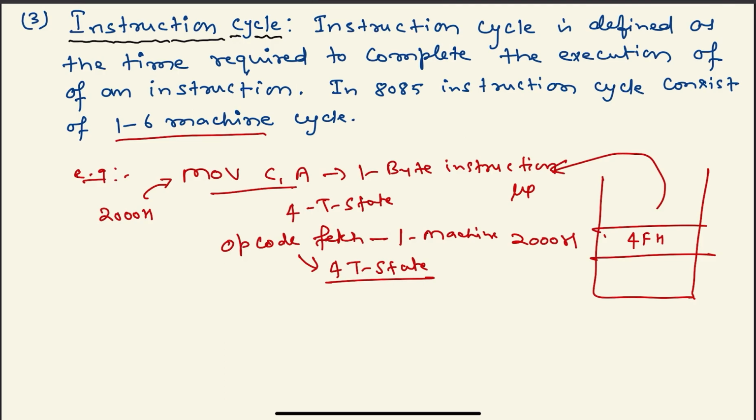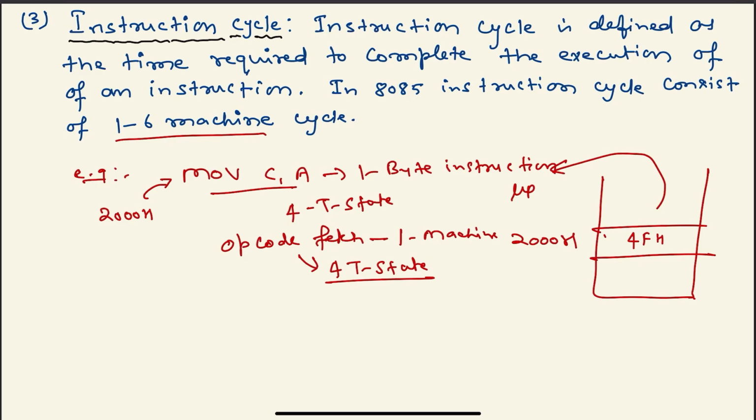Opcode fetch is common to all instructions, and it is the very first operation for any instruction in 8085. Here it takes 4T states, one machine cycle as an opcode fetch operation. But depending upon the instruction, it may have more than one machine cycle also. So the instruction cycle is not constant for all instructions.